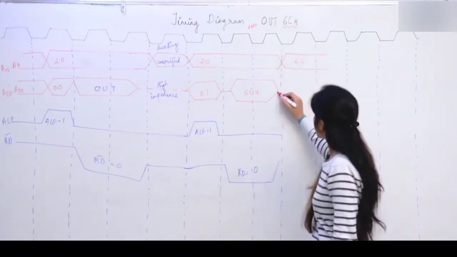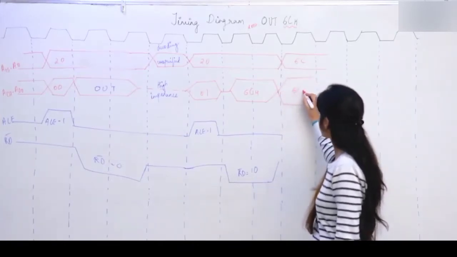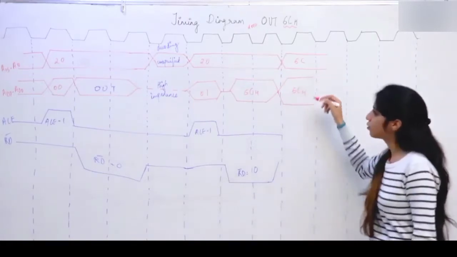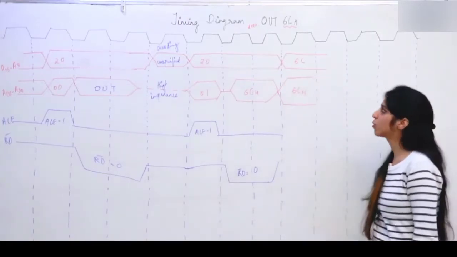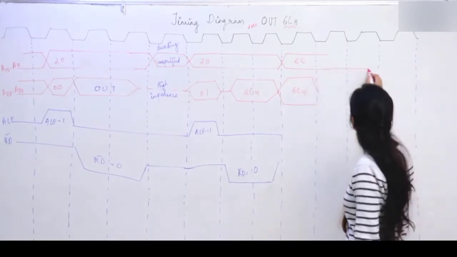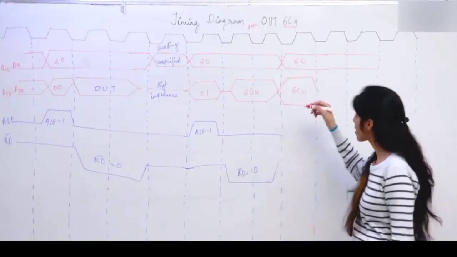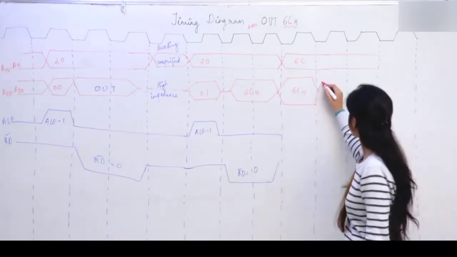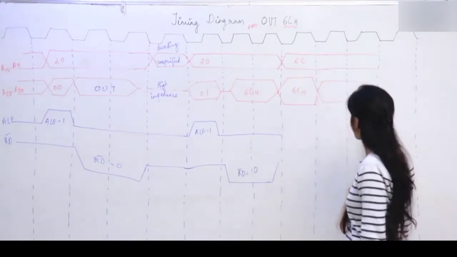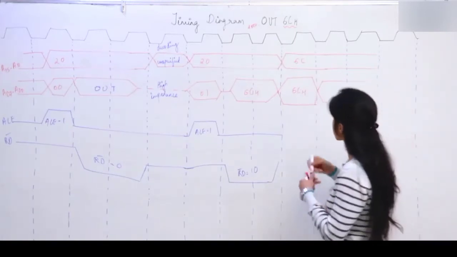That is, in both the higher 8 bits and the lower 8 bits, you are going to give the address 6C only. 6C will be given in both the upper 8 bits of the address bus as well as in the lower 8 bits of the address bus. This is something known as address duplication.